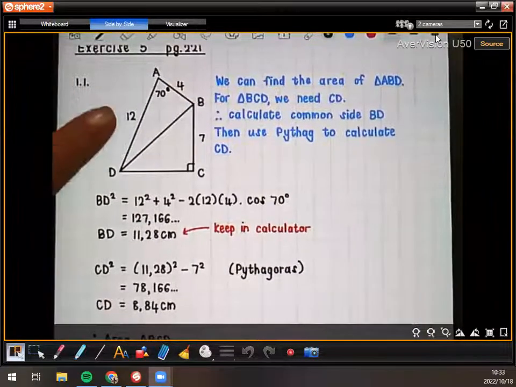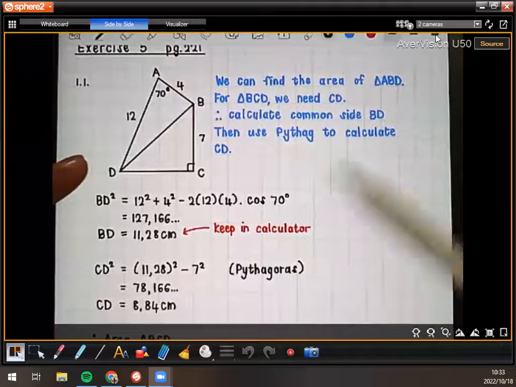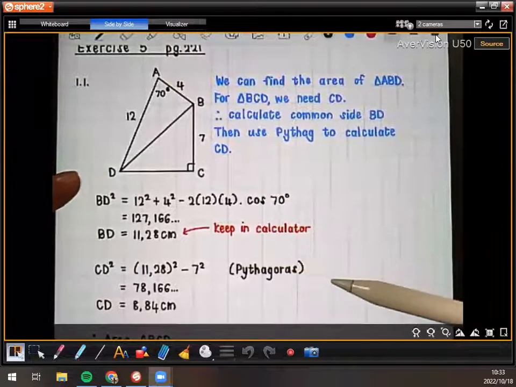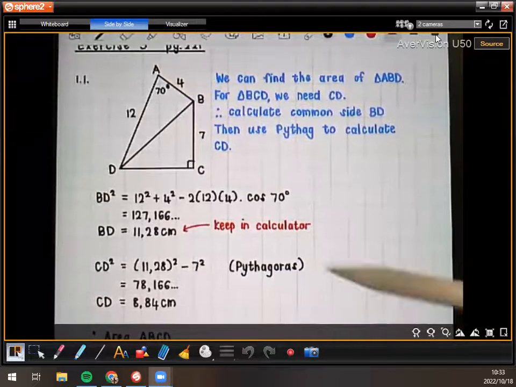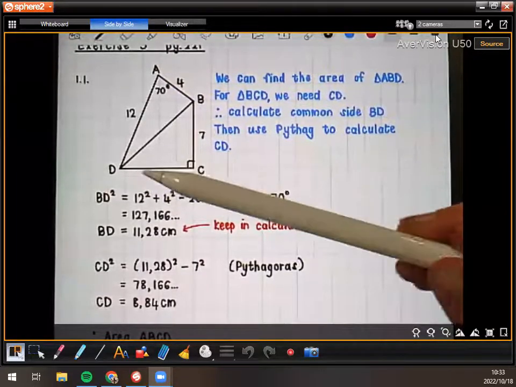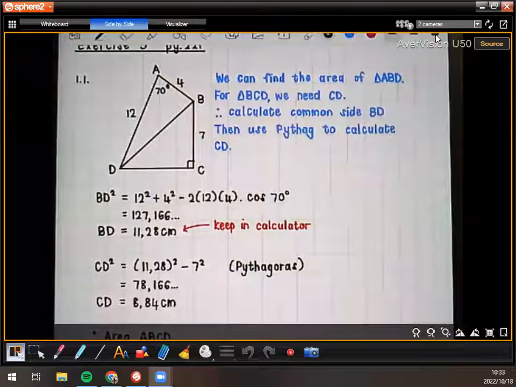So cosine defines BD, Pythagoras defines CD. Please remember, if you are using Pythagoras, you do have to write that reason there. And now once I had my CD, I could actually find the area of this whole shape.